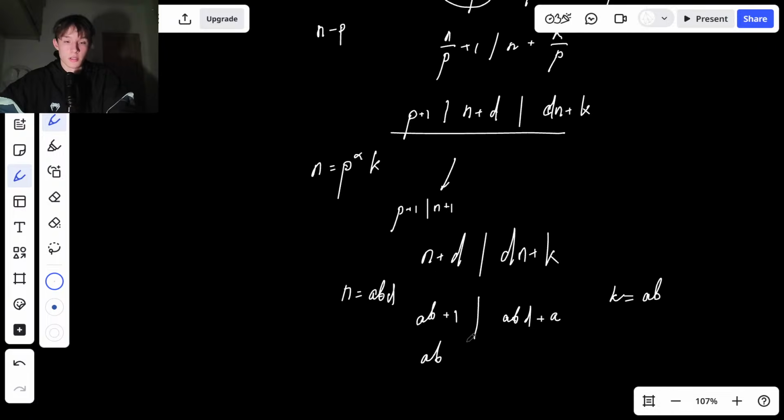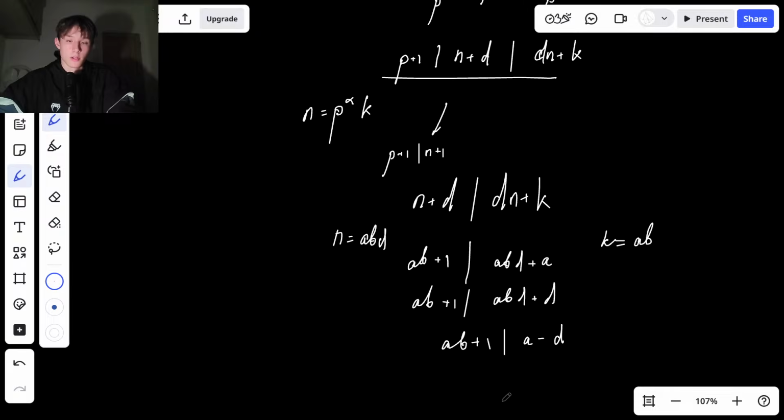This k is divisible by d. So ab plus 1, therefore, is dividing abd plus d. So ab plus 1 divides a minus d, for any d I choose.